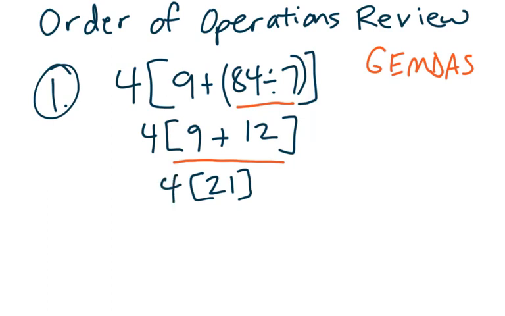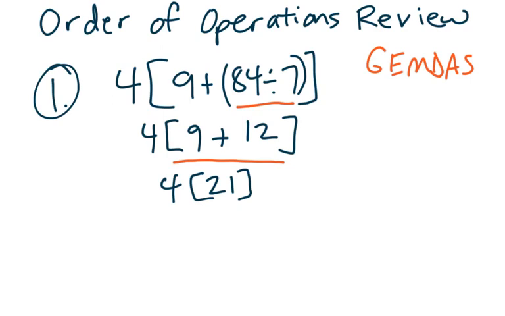So boys and girls, we've solved everything inside the brackets, but you'll notice that we have a 4 on the outside of it. And if you remember back, when we have a number next to a grouping symbol, that is a sign to us that it is multiplication. So this really means 4 times 21.